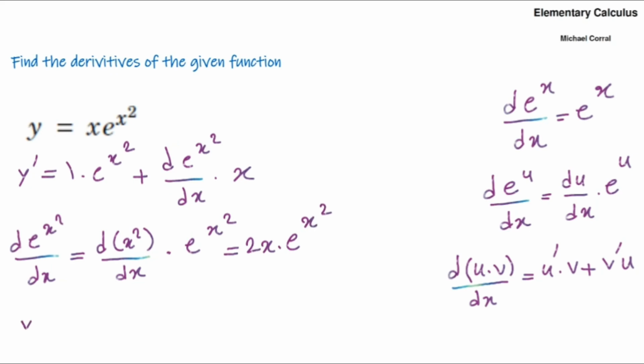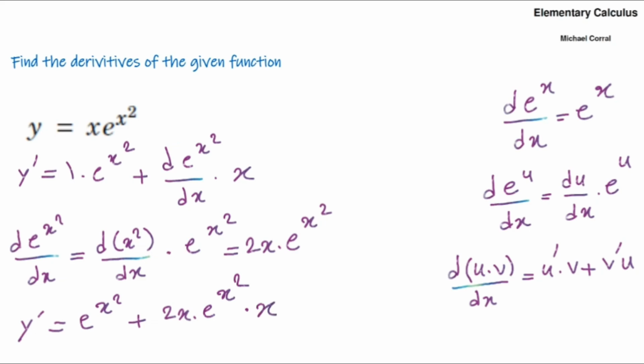So y prime equals 1 times e to the power of x squared, which is e to the power of x squared, plus the derivative of e to the power of x squared, which is 2x times e to the power of x squared, times x.